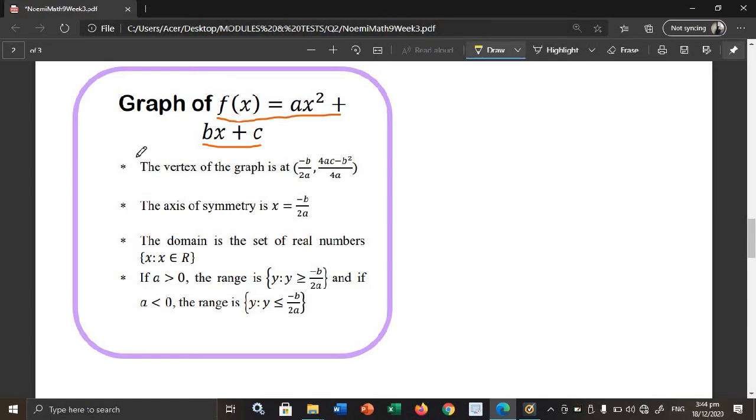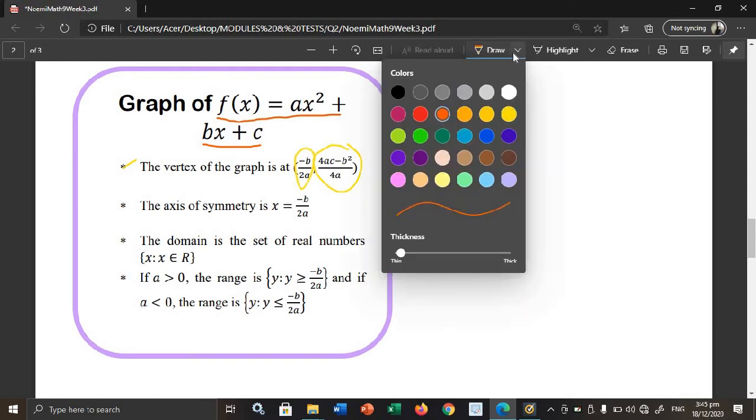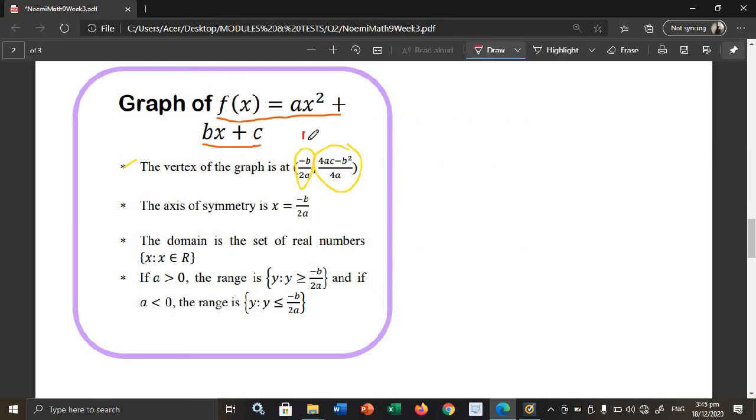So, first is its vertex. Yung vertex niya is this. So, bakit ganyan yung vertex niya? Kasi you are going to solve for the value of its vertex by using this formula. So, for you to be able to solve the value of h, you are going to use the formula negative b over 2a.